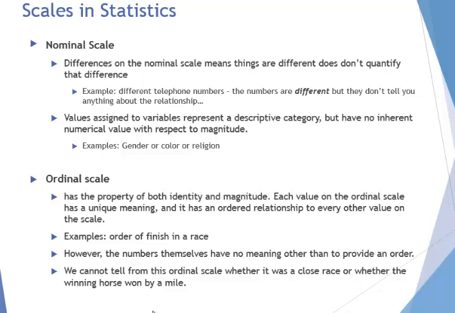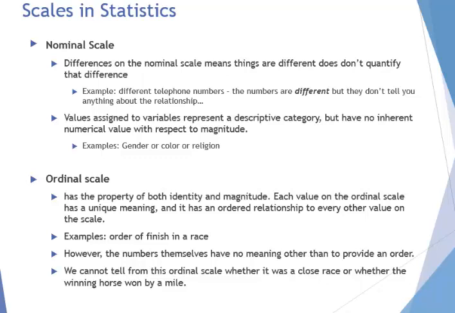And if I walk onto a lot, one way I can list the cars is a nominal scale. Nominal scale means things are different, but the difference is not quantified. There's no number to it. If I say, well, this car is red, and this car is yellow, and this car is green, and this car is blue, and this car is orange, they may be different on a list.